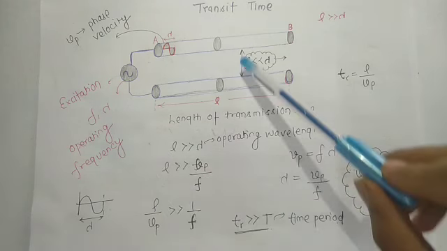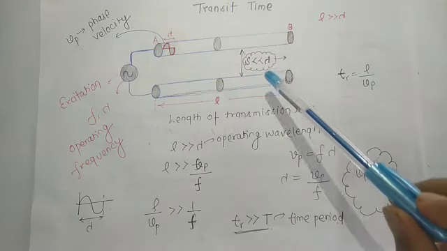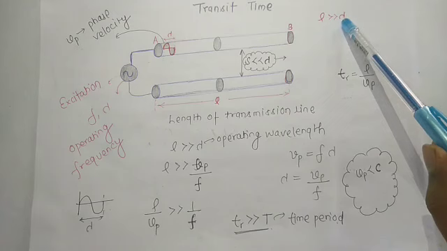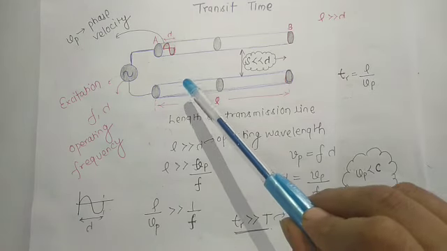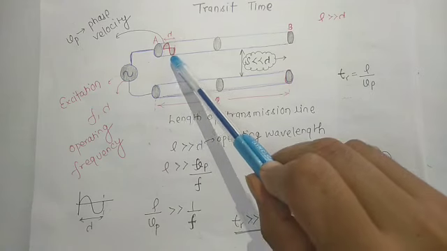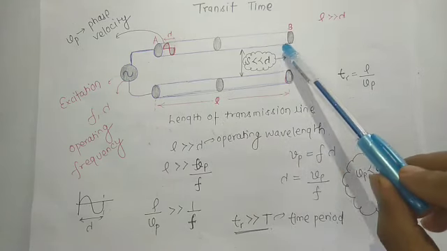By inspecting this figure, I can say that the length of the transmission line is very much greater than the operating wavelength.